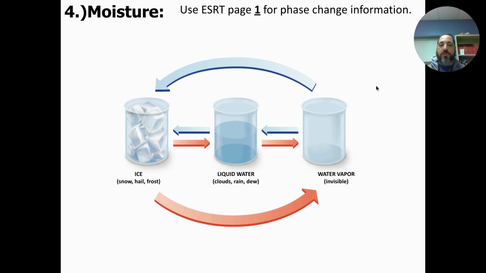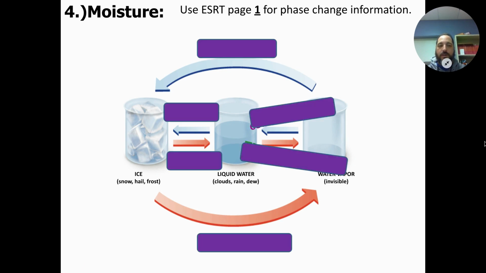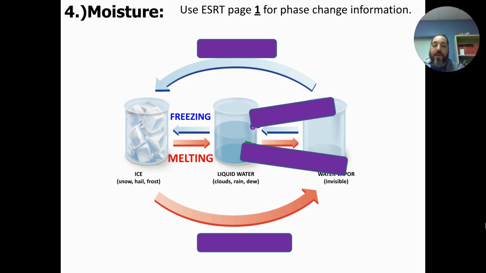All right, moisture, right? We think about water, we think about liquid water, we think about all of the different phases water can be in at the surface of the earth. Now, there's a whole bunch of information on page 1 of your reference table that's going to show you what's happening here. All right, so when we go from ice to liquid water, we call that process melting. The opposite direction, we're going to be going from liquid water to ice, that is going to be freezing.